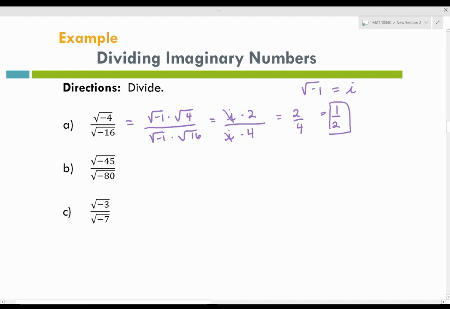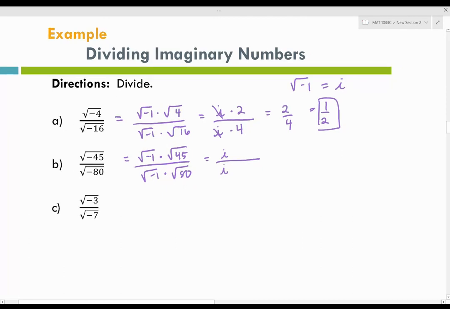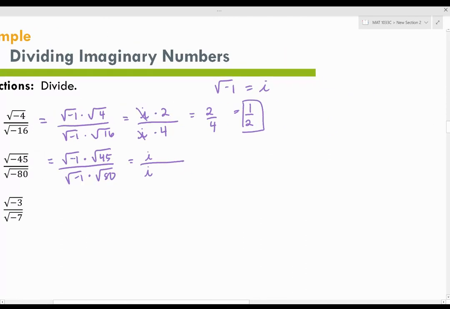So B has the square root of -45 over the square root of 80. So once again, we're going to break those up into their negative and their positive parts. The square root of -1 becomes i in both the numerator and the denominator. Now let's work to simplify the square root of 45 and the square root of 80.